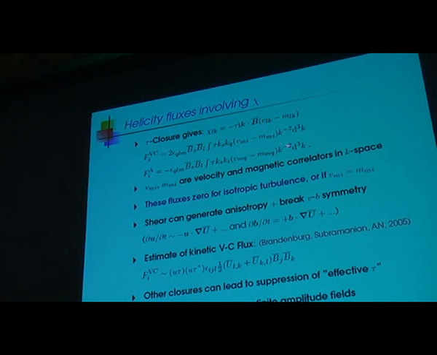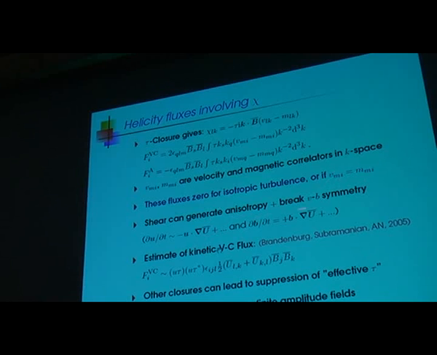And of course, as Ethan already mentioned, if you have isotropic turbulence, you get zero flux. If your velocity and magnetic correlations have somehow come into equilibrium with each other, you get zero flux. But there is something which breaks this symmetry between velocity and magnetic field correlations, the anisotropic pieces, and that is shear.